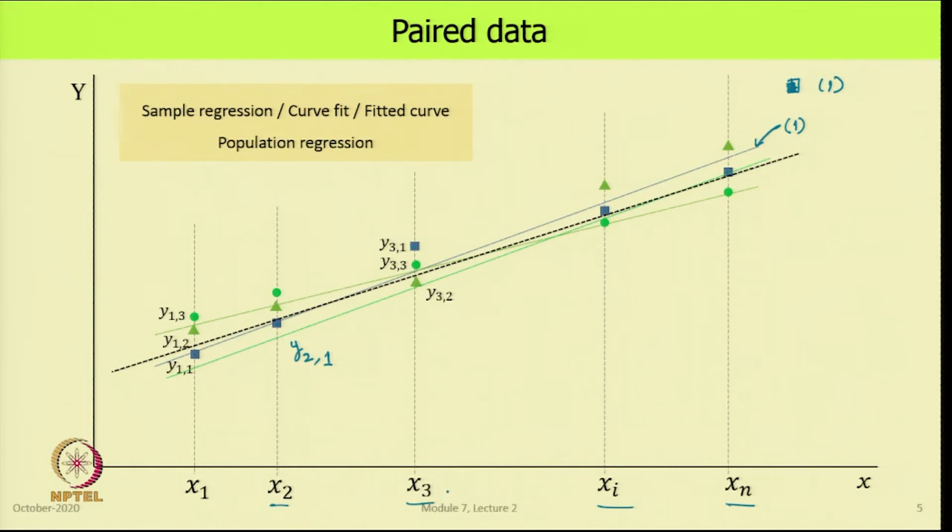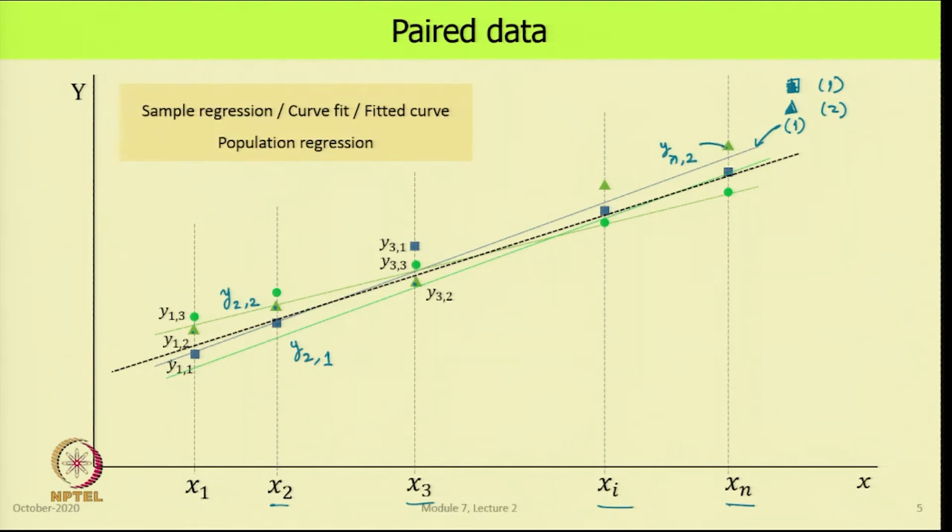So, now we move to the argument that let us look at the second experimenter. This person got the triangular data points and we call this experiment number 2. So, this was y1 from the second experiment, this was y2 from the second experiment, this is y3 from the second experiment, and like that this is yn from the second experiment, this point.